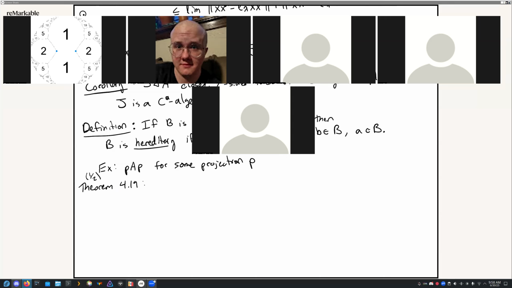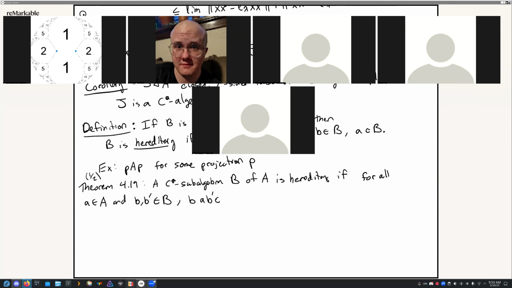It says that a C star subalgebra B of A is hereditary if, for all elements A in your C star algebra and B and B prime in your subalgebra, B A B prime belongs to B.